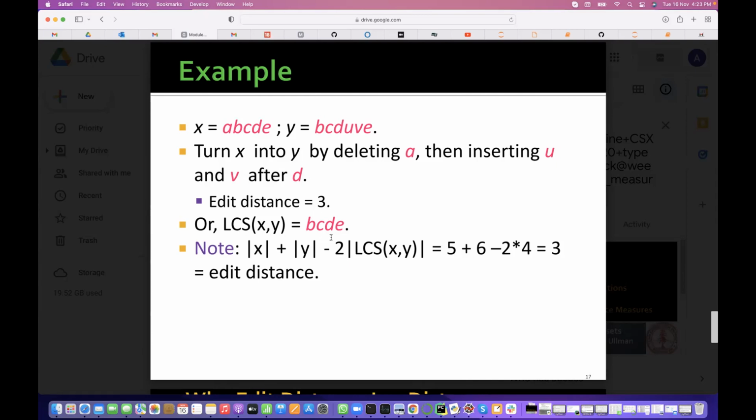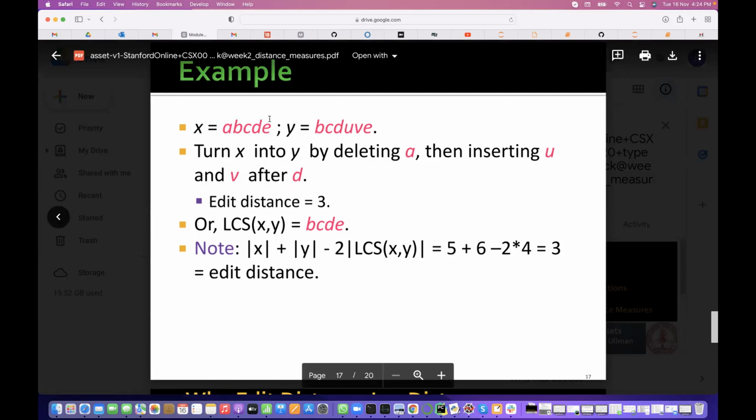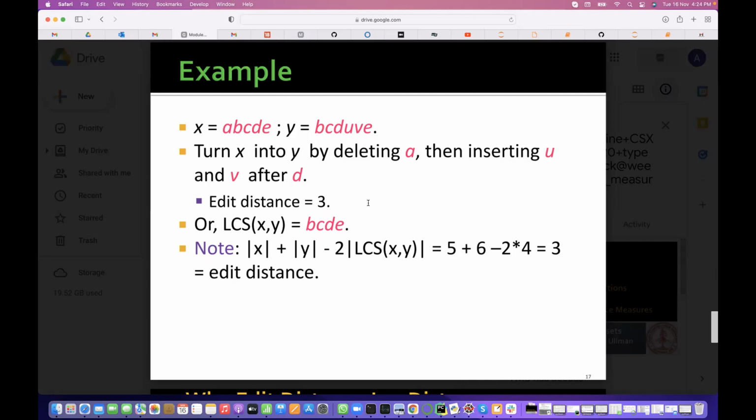Or use LCS(x,y) equals BCDE, the longest common subsequence in the same order. |x| plus |y| minus 2 times LCS(x,y) equals 3. So 3 is the edit distance.